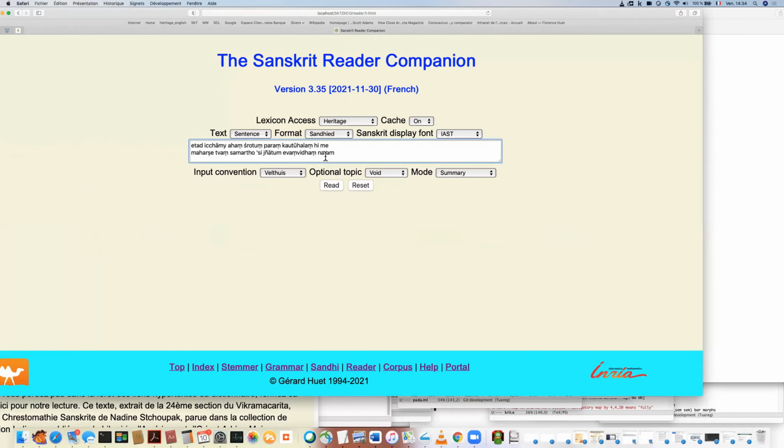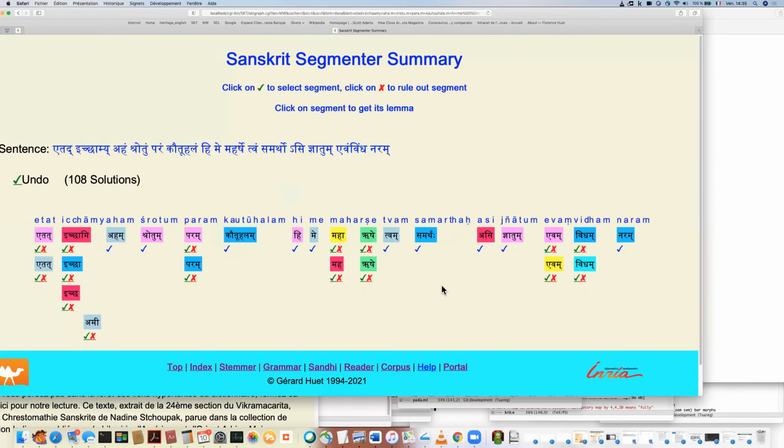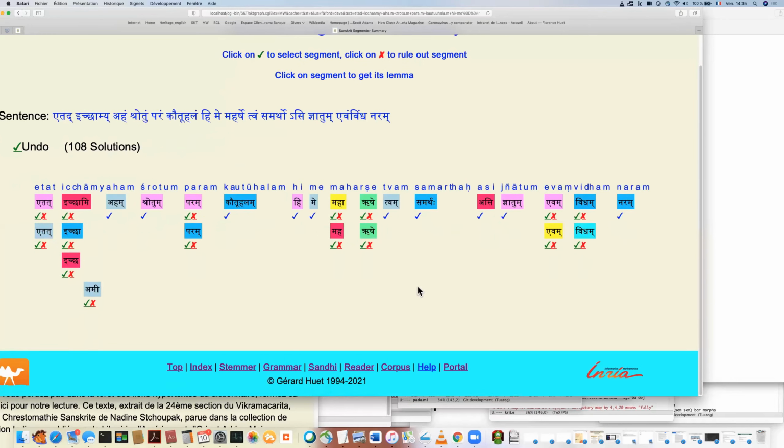But here you have to be careful about what is the input convention. Here, obviously, it's IAST. If you want to look at it in Devanagari, or in Monier, now you click. And now you get the segmentation that is proposed by the segmenter.